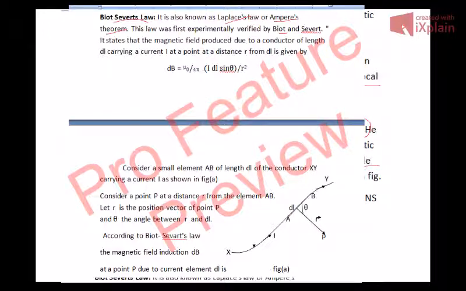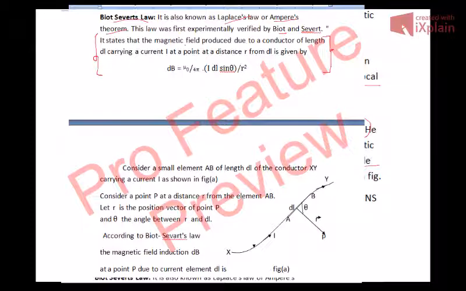They were at two different places and did not know each other, so the credit was given to both of them. It states that the magnetic field produced due to a conductor of length dl carrying a current I, at a point at a distance r from dl, is given by dB equals mu naught upon 4 pi, I dl sin theta, whole divided by r squared.